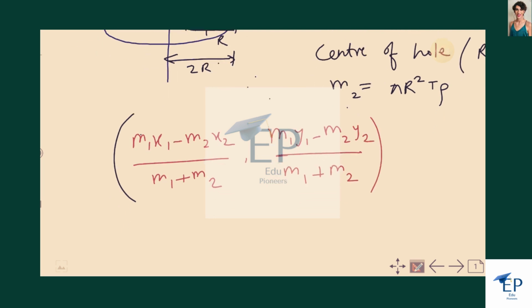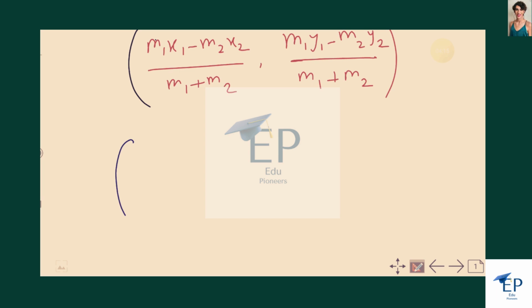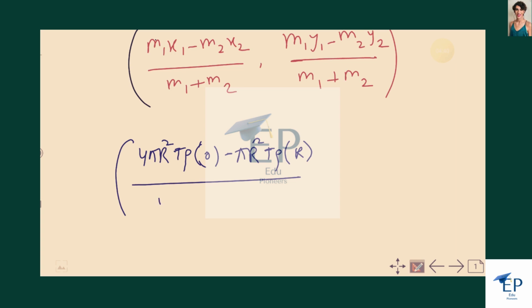Now substitute the data. The x coordinate of the center of mass of the residual disk is m1 x1, that means 4 pi r square t rho times x1, which is 0, then minus m2 x2, that means pi r square t rho times r, divided by m1 minus m2, that means 4 pi r square t rho minus pi r square t rho.